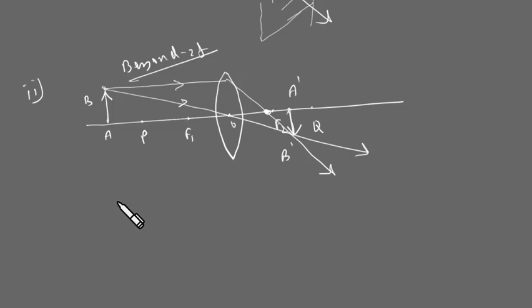So what are the properties of this image this time? When the object is beyond 2f, properties of the image. First of all, again it is real because it is formed by the convergence of the beam. So the image is real this time. Then it is inverted again. As I told you, real means inverted.